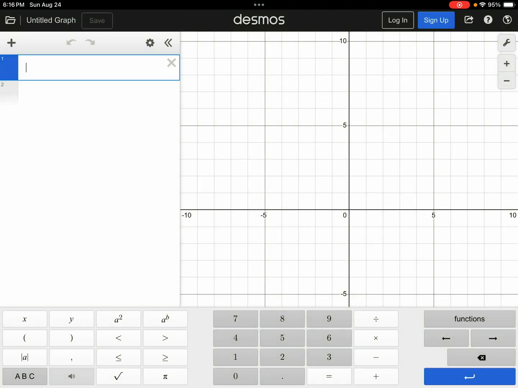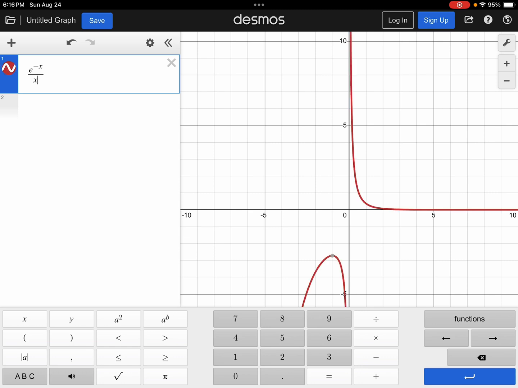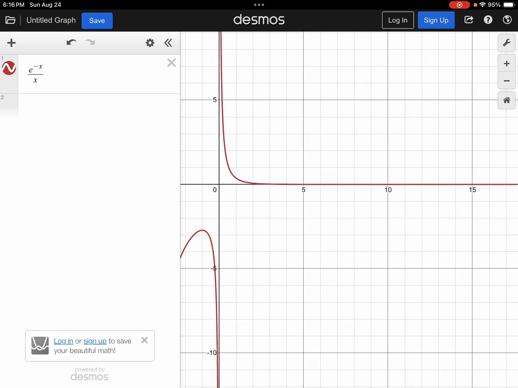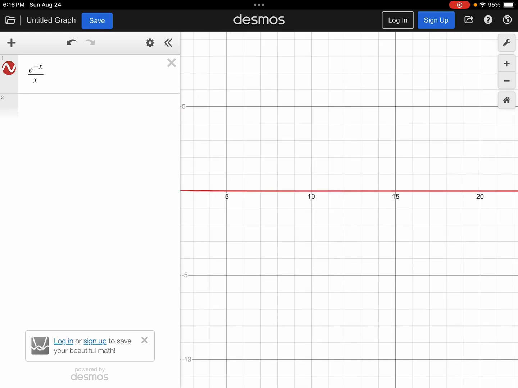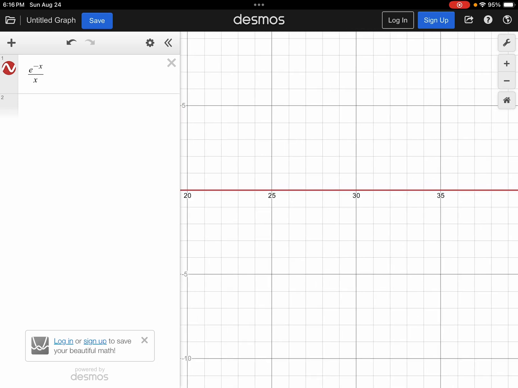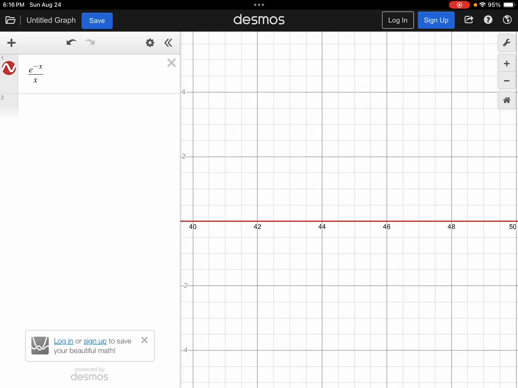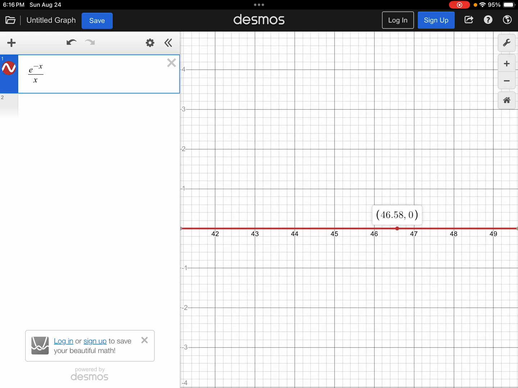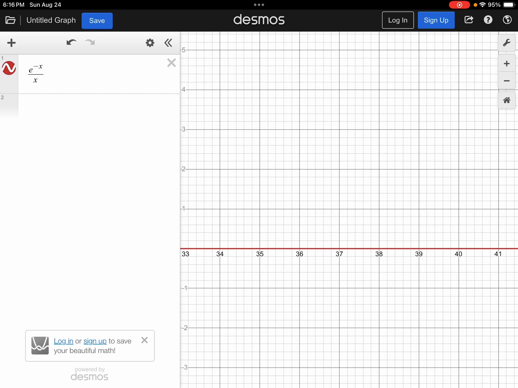So the first function was e to the negative x power divided by x. And we're going to evaluate the limit at infinity, meaning we're trying to understand what's happening as the x values get larger, what's happening to the y values. And you can see that the y value there says 0.